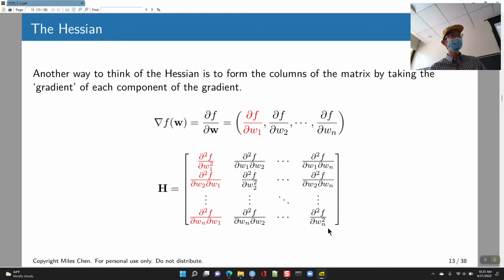That's how I end up getting an n by n square matrix. So you can think of it almost like taking the gradient of each component of the gradient. If the gradient results in a vector of length n, then the Hessian is a square matrix with dimensions n by n.